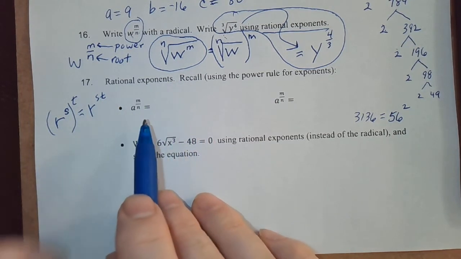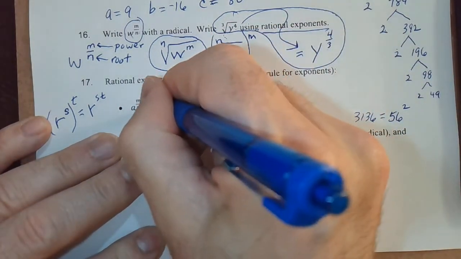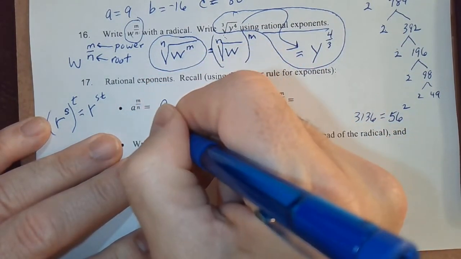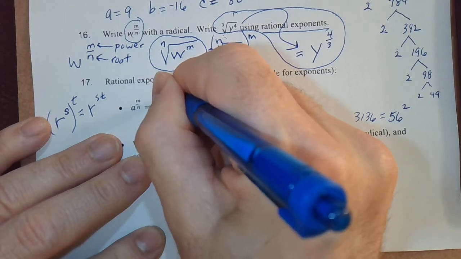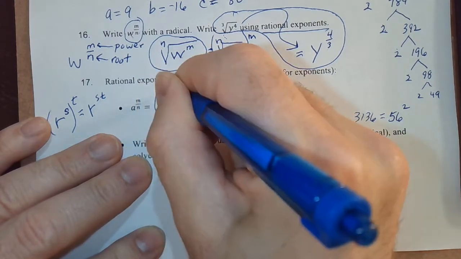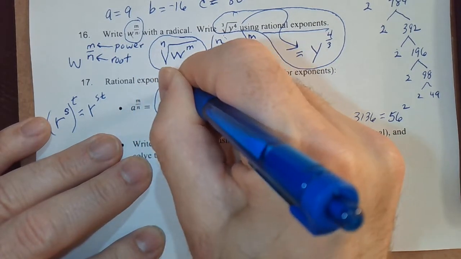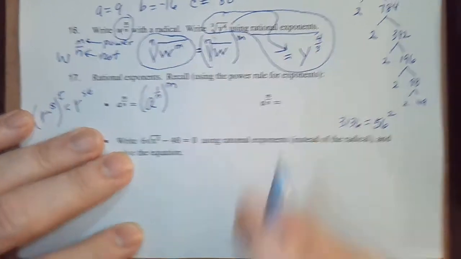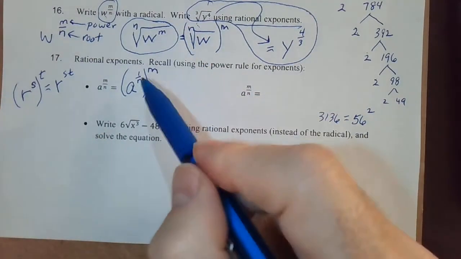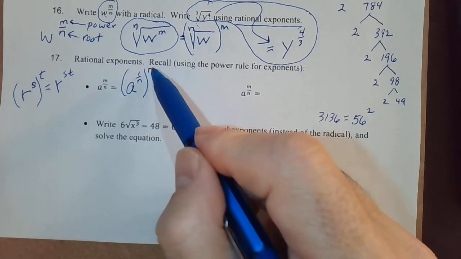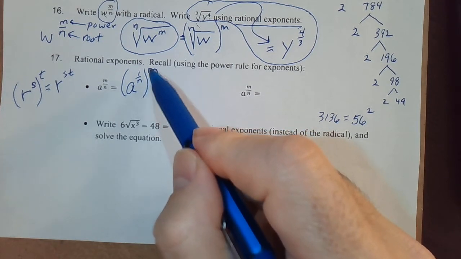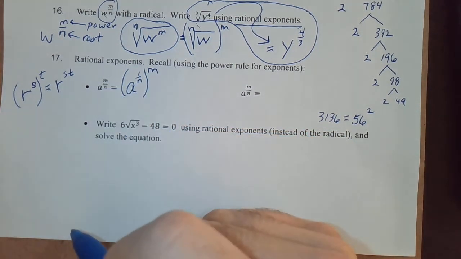So that means that a to the m over n could be written as a to the 1 over n, in parentheses, raised to the m. Right? Because 1 over n times m, or m over 1, is m over n.